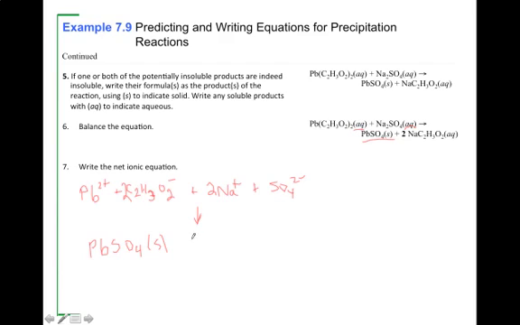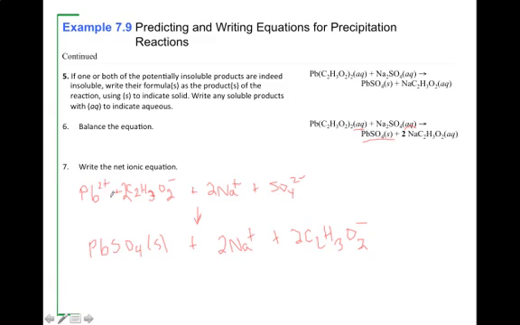Okay, plus, now this one is aqueous, so it gets broken into its 2 species. 2 sodium plus, 2 acetate, C2H3O2 minus. Okay, so whatever occurs on this side and occurs in the same state on this side gets canceled.